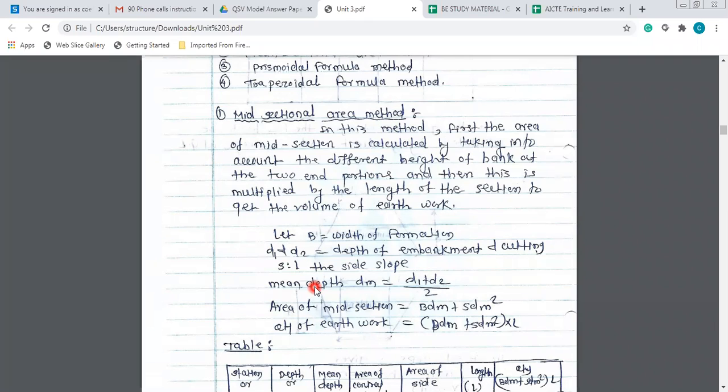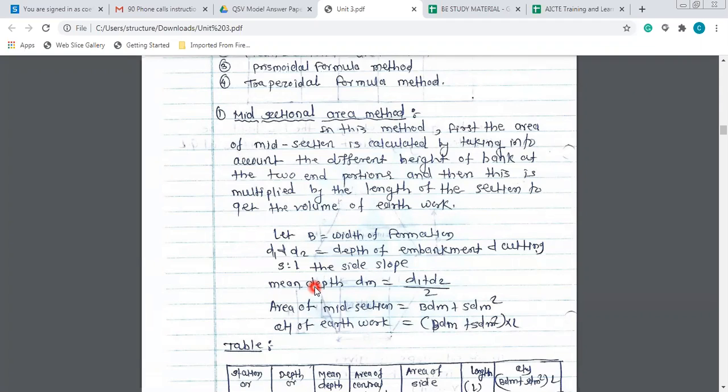At first we calculate the area of the midsection by taking into account the different heights of the bank at the two corners of that road cross section, and then this is multiplied by the length. Area multiplied by length gives the volume.